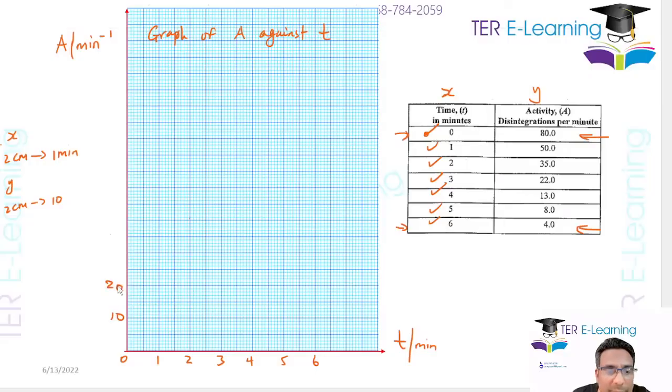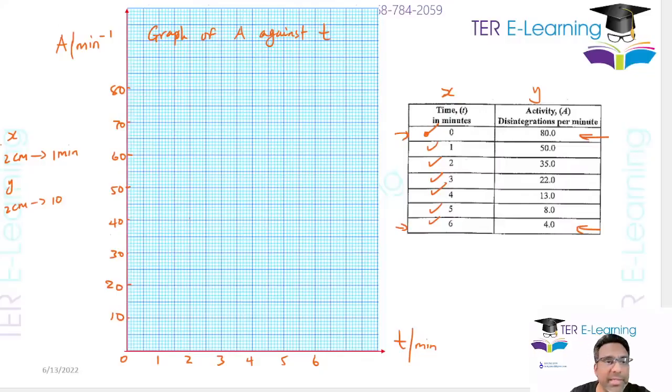Alright, so this is 10, 20, 30, 40, 50, 60, 70, 80. Let me double check to make sure. 10, 20, 30, 40, 50, 60, 70, 80.